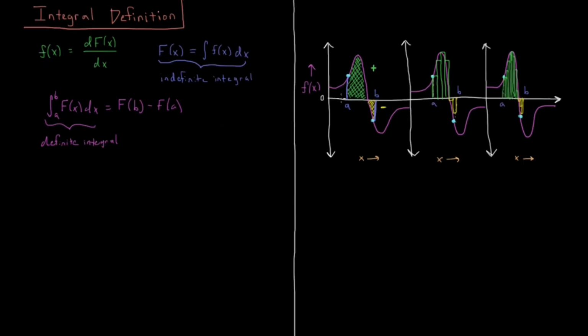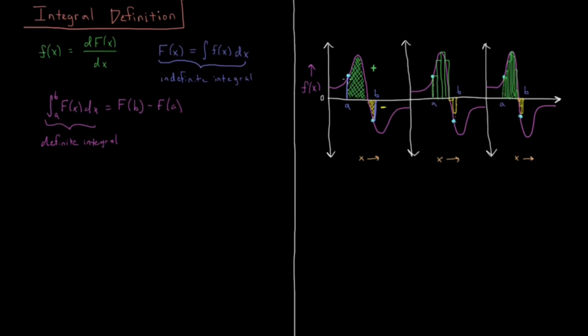Okay, so let's look on our graph here. Let's look at a and look at b. So f of x is like the derivative of big F. So a is some value of x, b is some larger value of x in this case, and the integral from a to b is equal to the signed area under the curve from a to b.